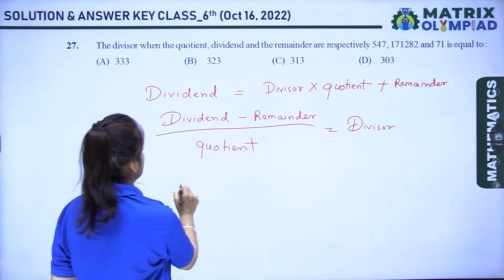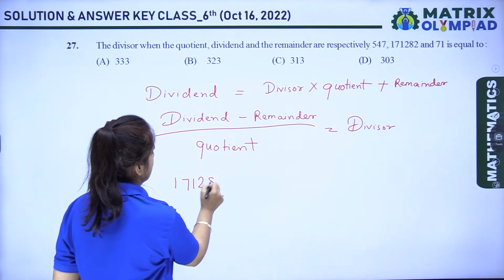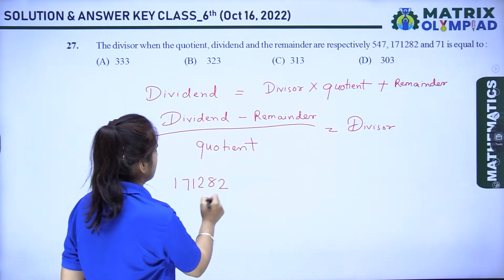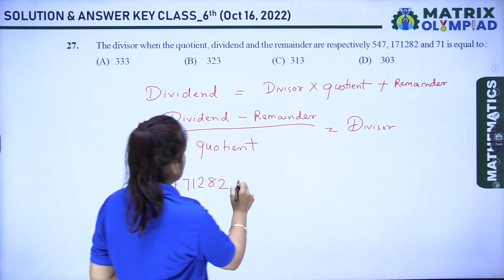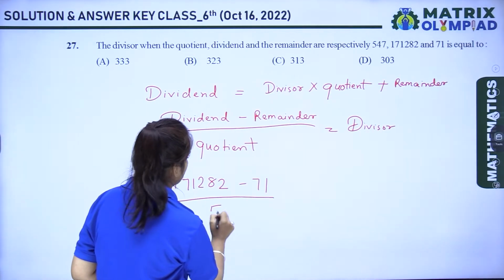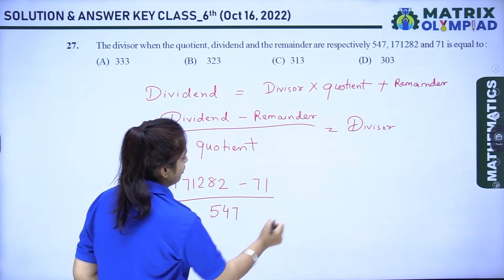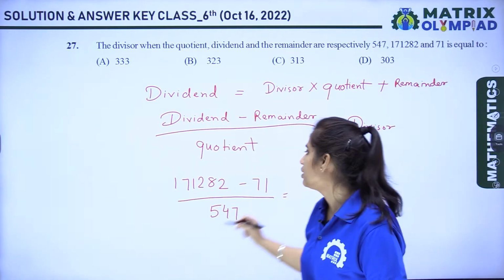Dividend is 1,71,282 minus remainder 71, upon quotient 547. So, let's begin with the calculation part.